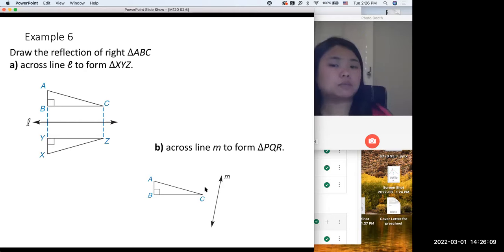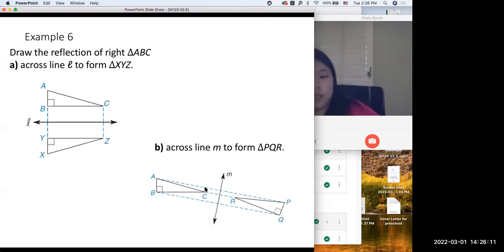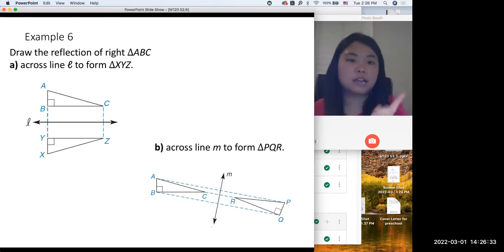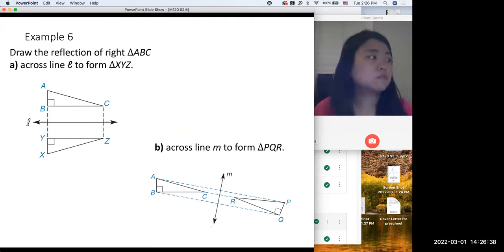This one, you should have this. They reflect over the line here, not the horizontal, not the vertical. Okay, you can see the line M is a little bit slanted. Okay, this is a slant reflection. Oh, this is a reflection, not the rotation, sorry. The reflection.